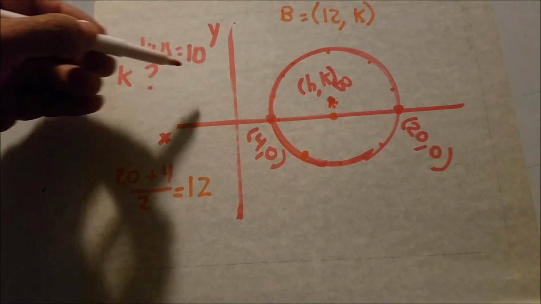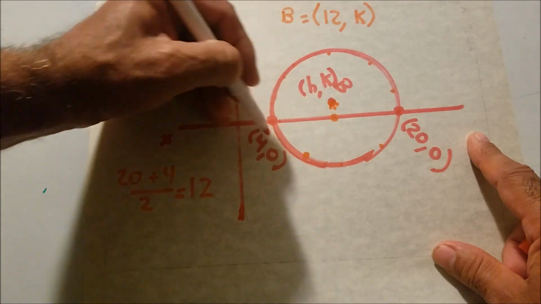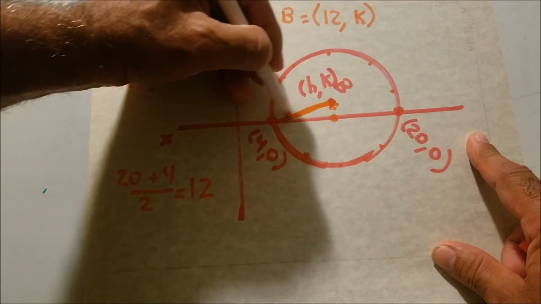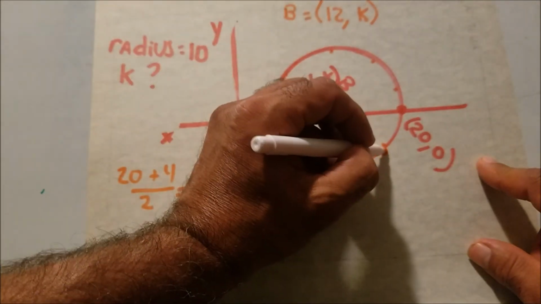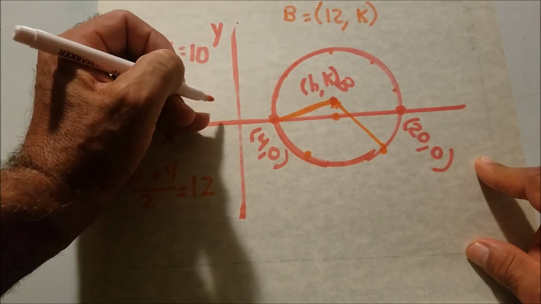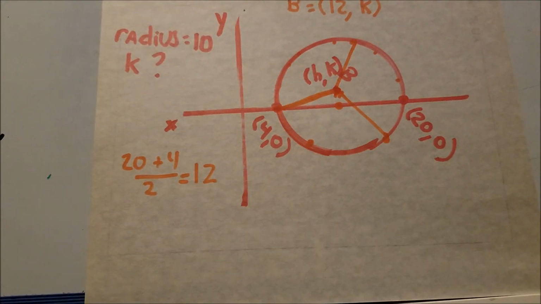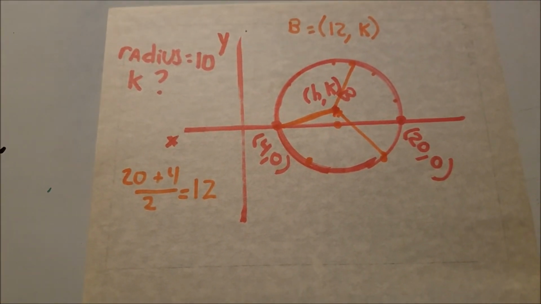In this case, we know that the radius is 10. So from this point all the way to this point is 10. Or any point. We can have a point here. We know that's 10. Or a point here. We know that's 10. And so forth. All right, so let's bring this down a little bit. Up. There we go. You see it a little better.